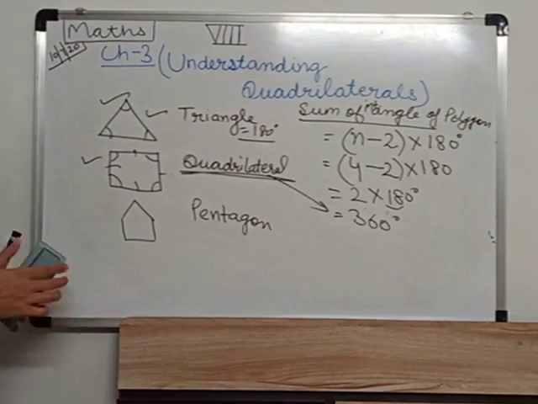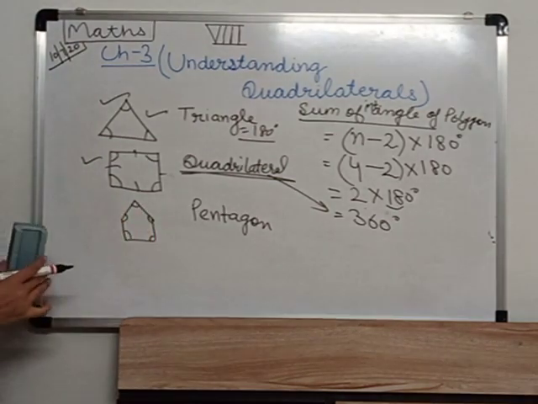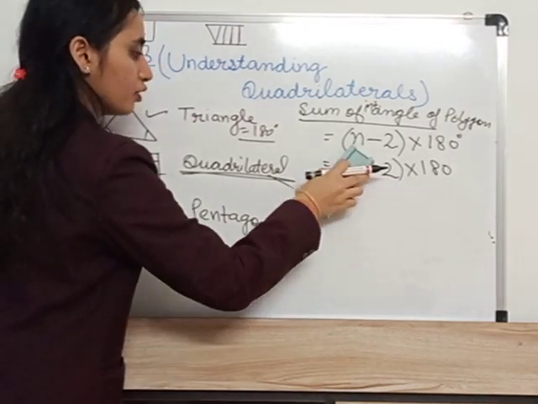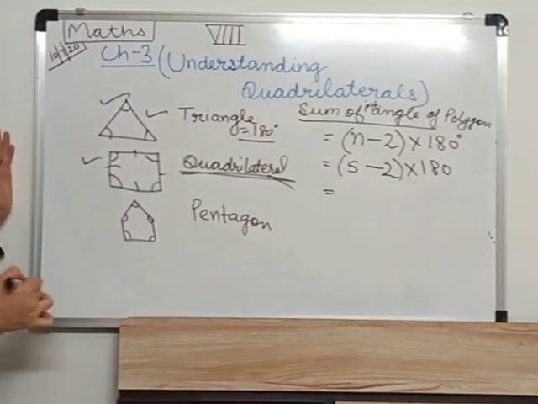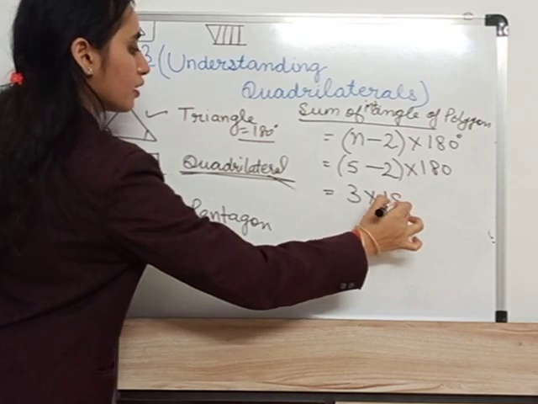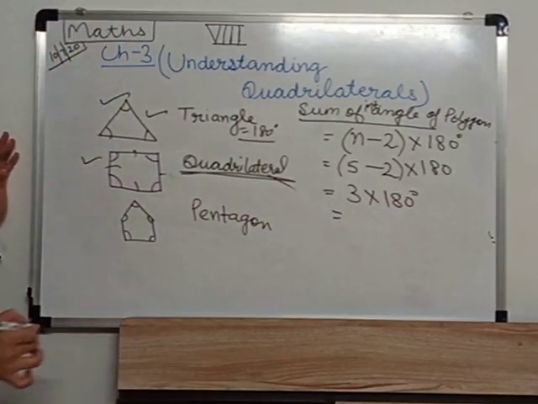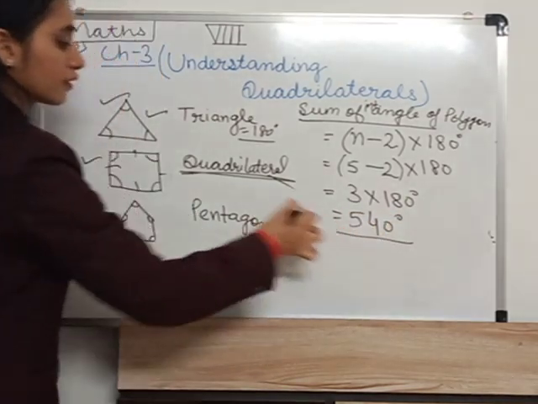Now what is the sum of interior angles of a pentagon? Now find for pentagon. Only put the value of n. Number of sides is 5. 5 minus 2, 3 multiply 180. 3 eights are 24, 540 degrees.